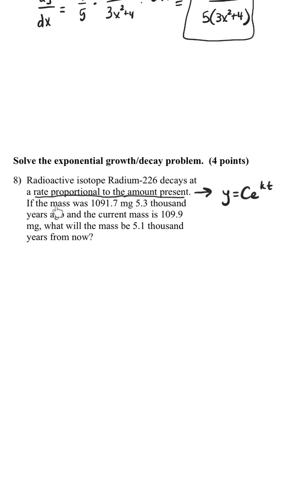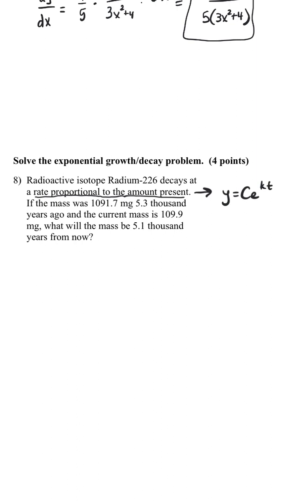So what we see here is 5.3 thousand years ago, the initial amount was 1,091.7 milligrams. The current mass is 109.9 milligrams.